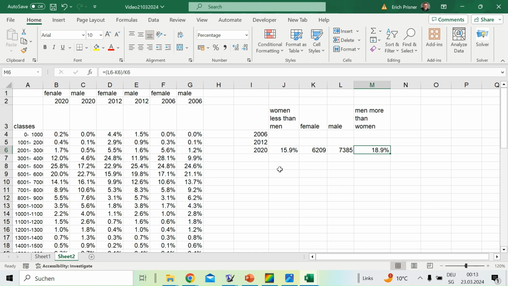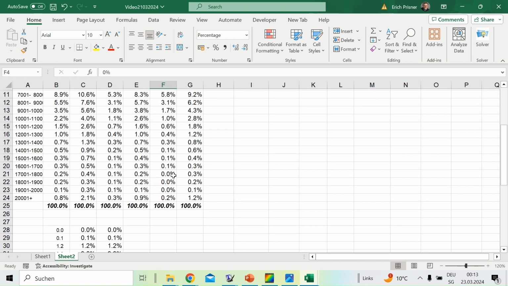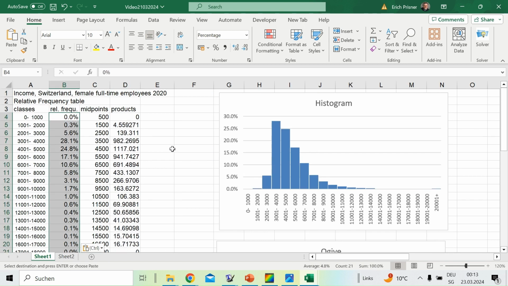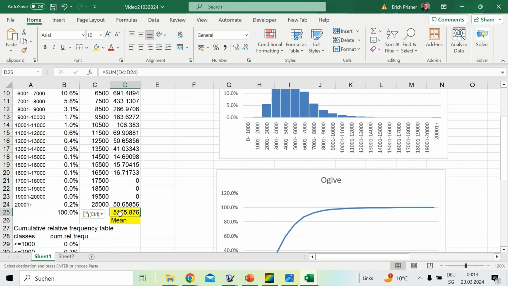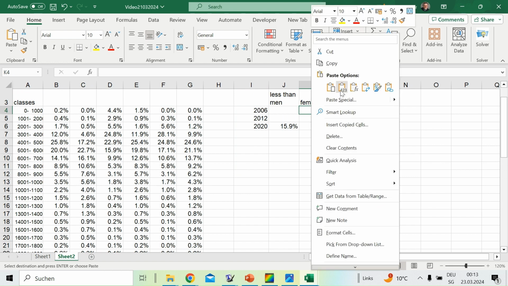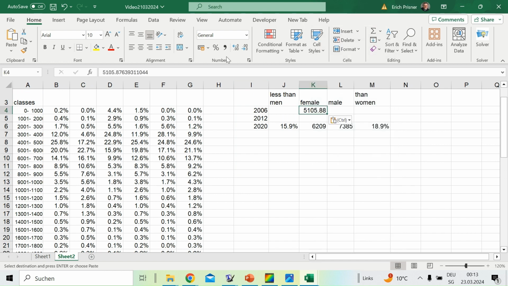All right, let's do it also for 2000, or maybe for time reasons we just do 2006. So let's see whether we had different results in 2006. So I'm going here, copying sheet 1, pasting it in. So this is female 2006, 5,000, so a relatively low number. I copy, I paste it here. So here's my number.